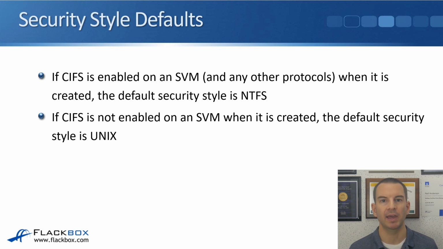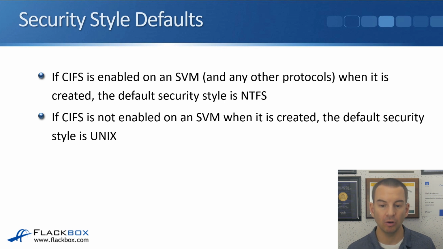So if you create an SVM with just CIFS enabled, it's going to have the NTFS security style. If you create an SVM and enable both CIFS and NFS, again, it's going to have the NTFS security style. If it's got CIFS enabled at all, the default security style will be NTFS.